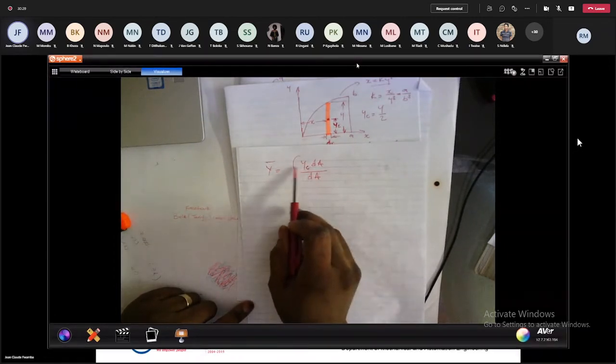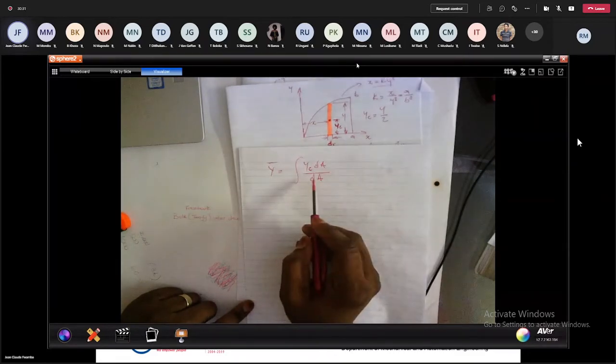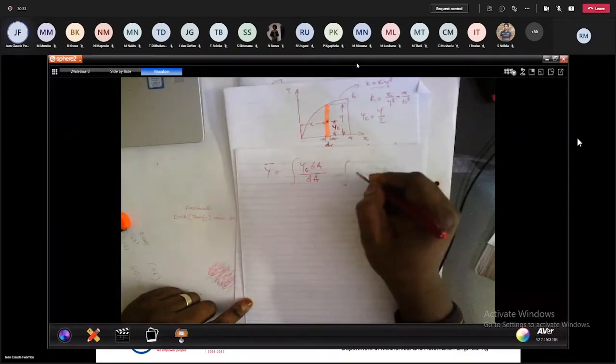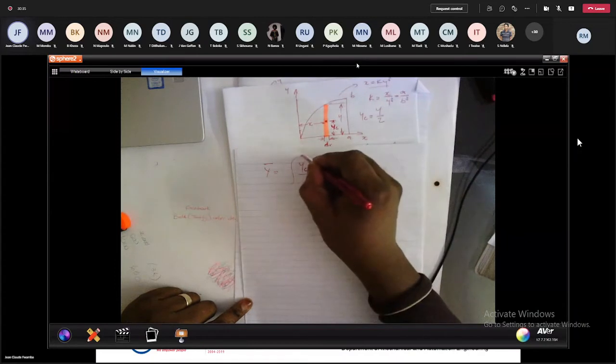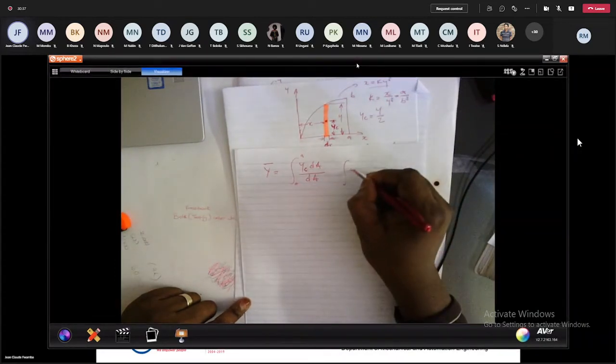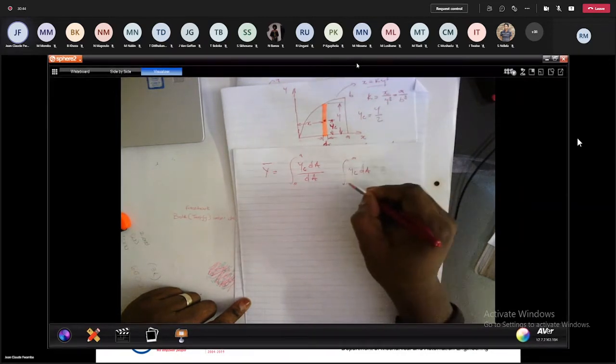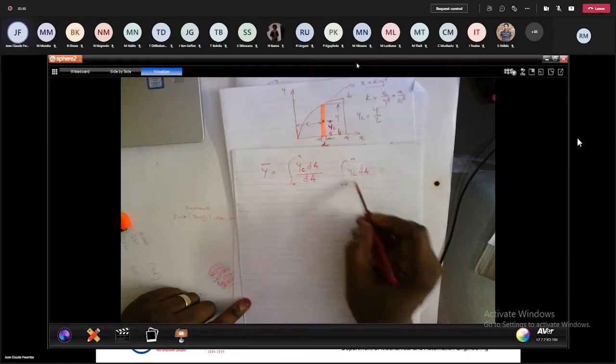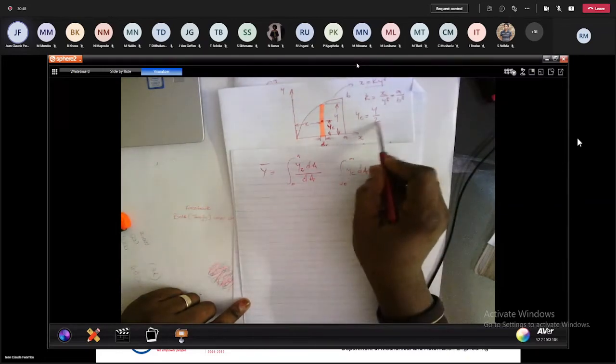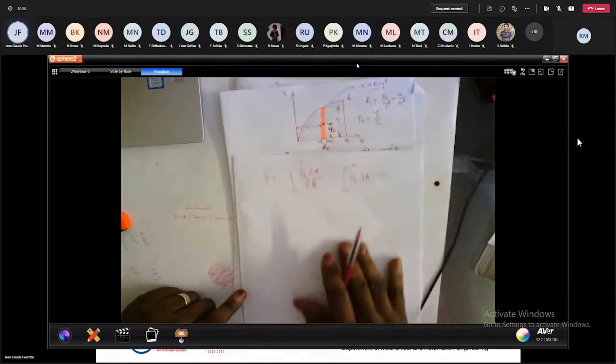So now can we just work your numerator? Your numerator will be integration within the limit of yc d area. So now let's look into those definitions. What is yc? It's y/2. What is d area?